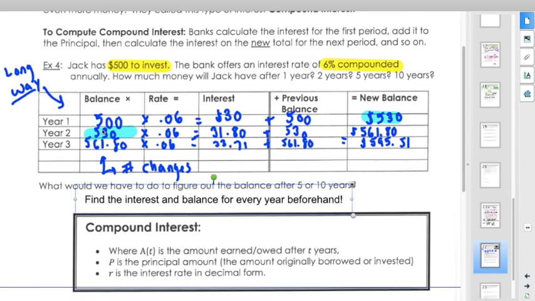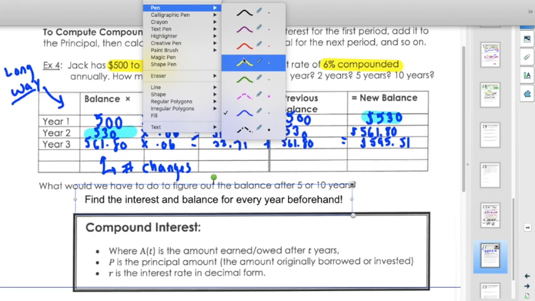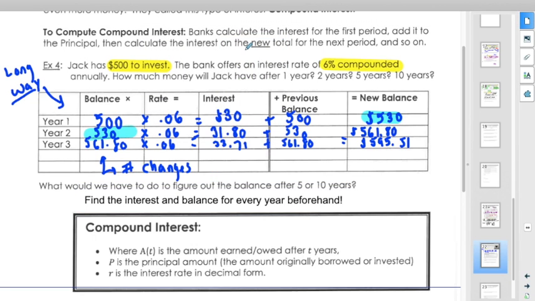But, of course, as mathematicians, they always find a way to make life short and sweet for us so we don't have to always go the long way about things. So compound interest. The formula is as follows. A of t equals P times 1 plus R to the t.